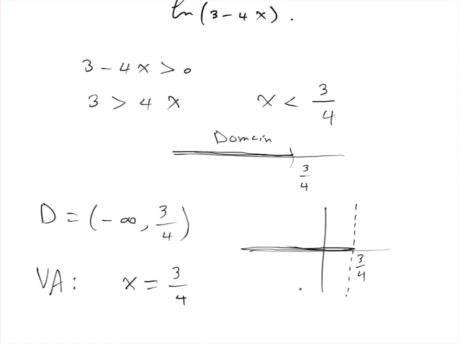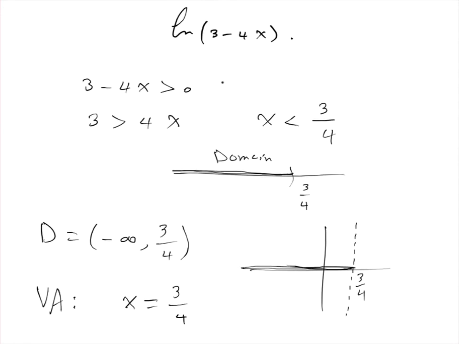To find where it crosses the y-axis, the y-intercept, you set x equal to 0. So ln of 3 is where the graph crosses. Let's say this point here is ln of 3. When x is 0, you get ln of 3.